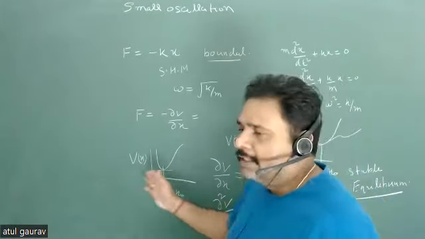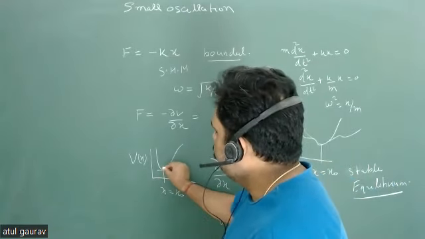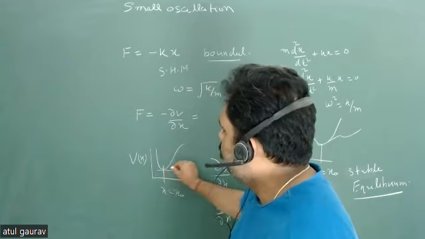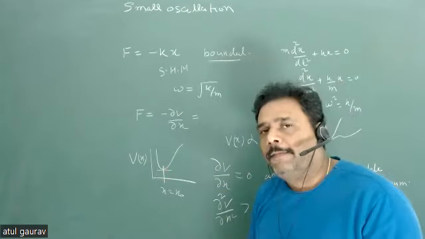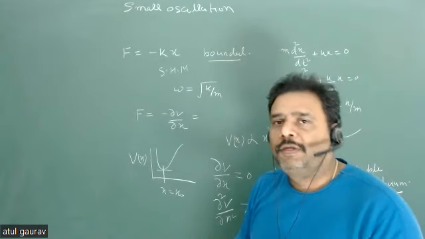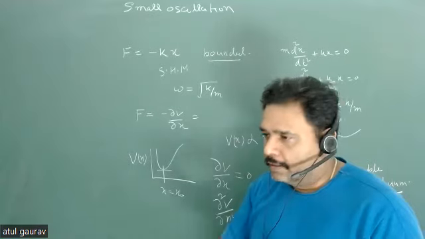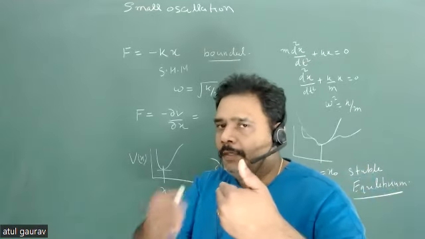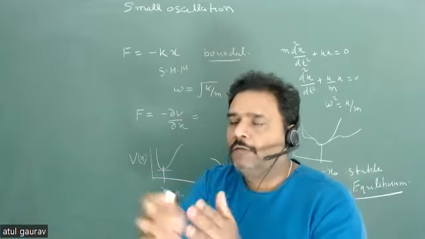Whenever you have a stable equilibrium point and you displace the particle from this equilibrium point, there is some restoring force, such that you can compare it with the spring mass system. In a spring mass system, suppose you are at the equilibrium point, either you extend it or you compress it.